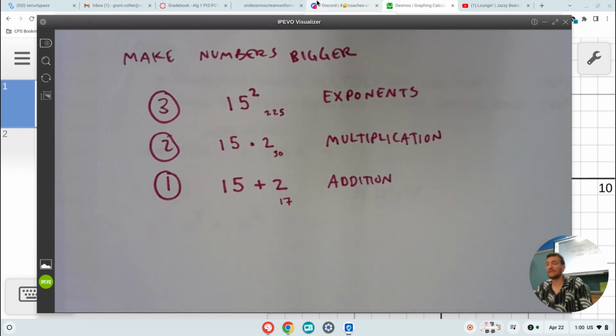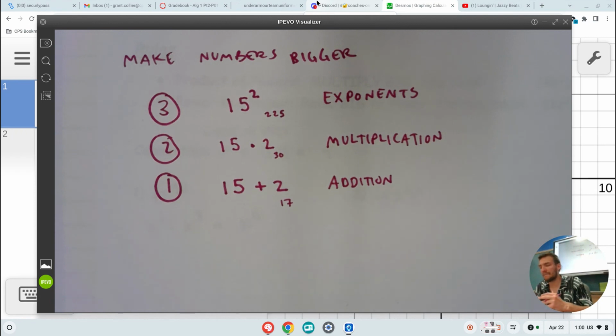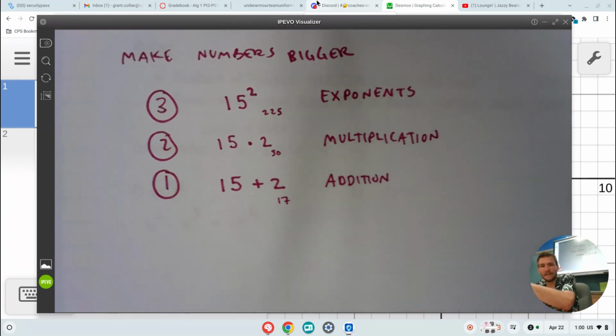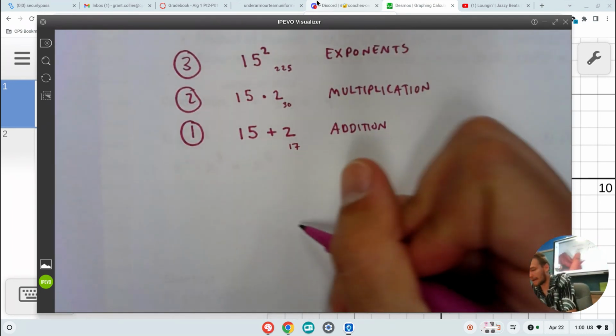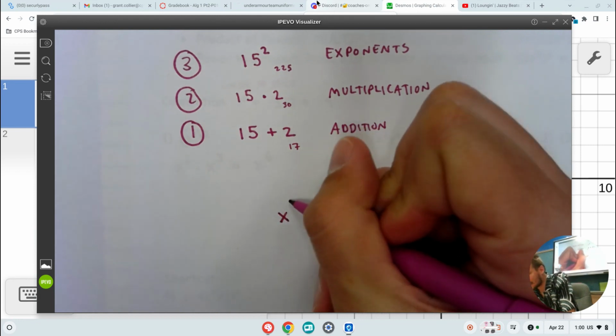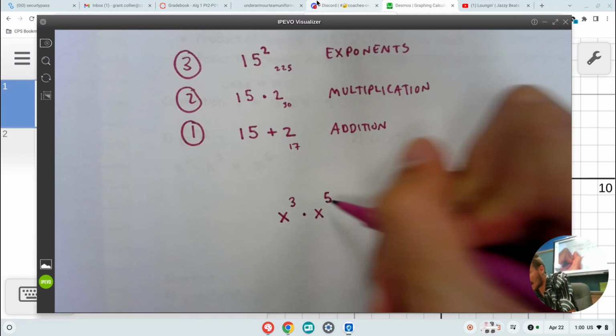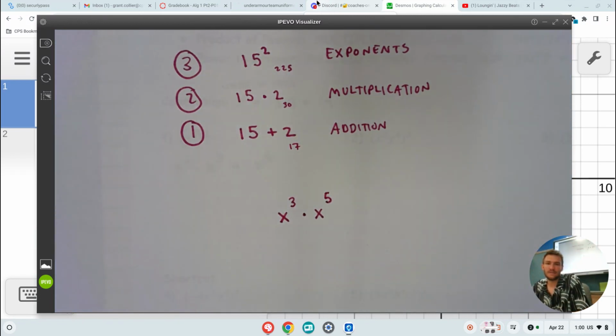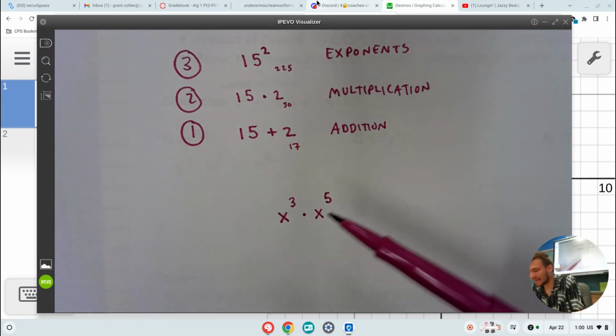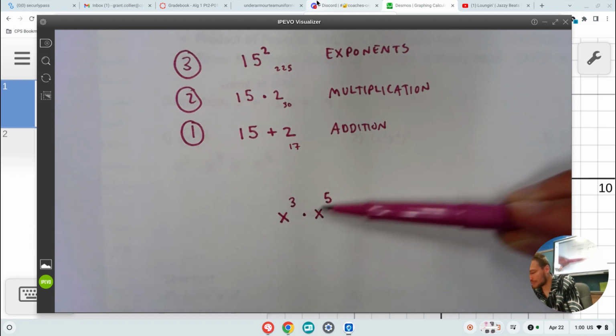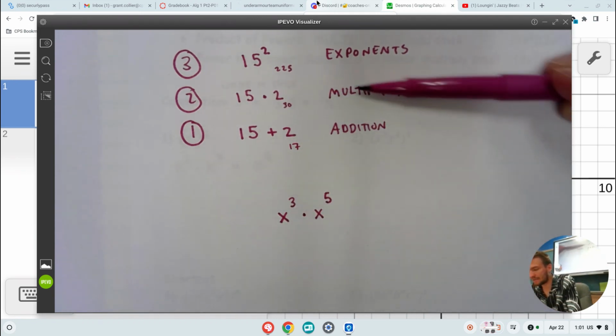When it comes to letters, if you want to make letters bigger, you always end up downgrading 1. And here's what I mean by that. When we have x cubed times x to the 5th, you might be thinking, oh, that's a multiplication.